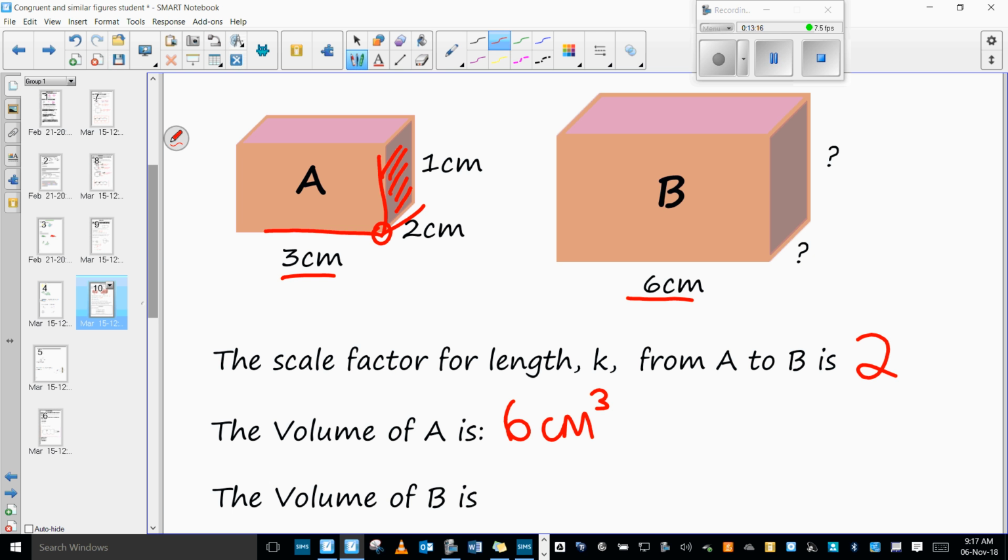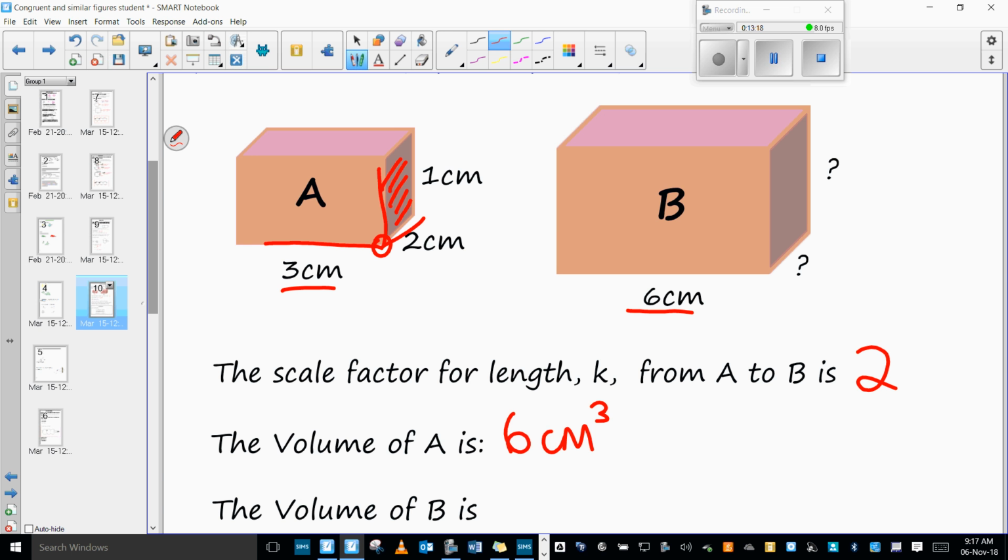Well, if I know that my scale factor for length was 2, what does that mean that this measurement here would be? And this one here would be?